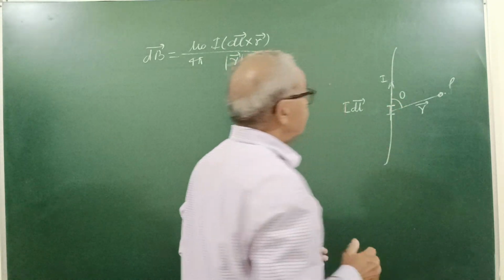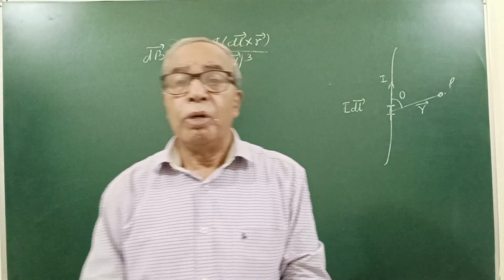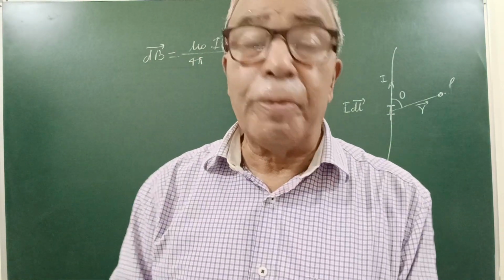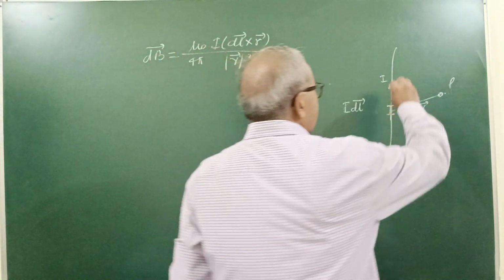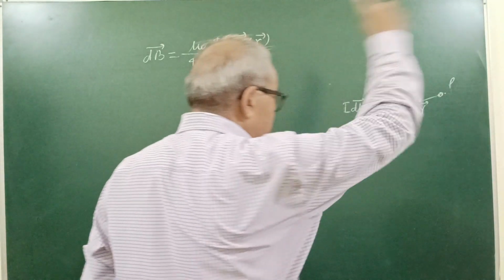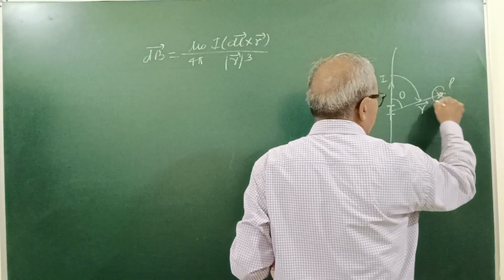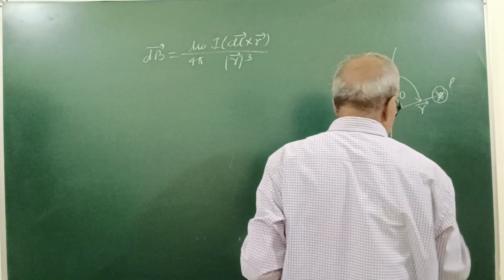Here, if vector dl and r are lying in the plane of the board, you will say in the plane of paper, then for dl cross r the screw is rotating clockwise, and if it is clockwise, then the direction is normal to the plane of board and into it, which we show by a cross.